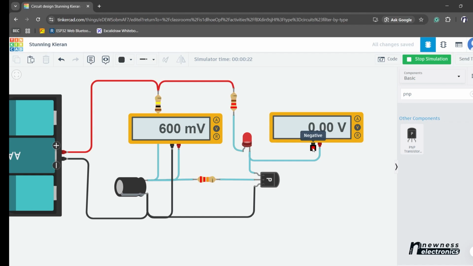Oh, I didn't remember to join this junction. You see it's going off gradually now. It's going off gradually. It's going off, still going off.